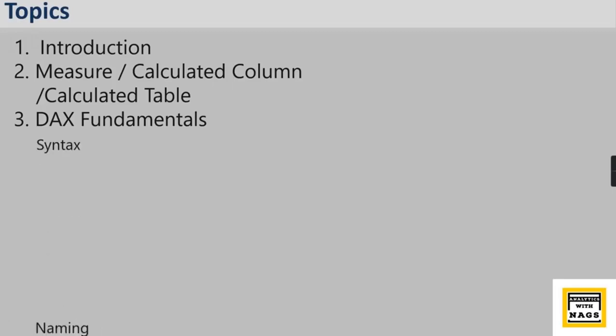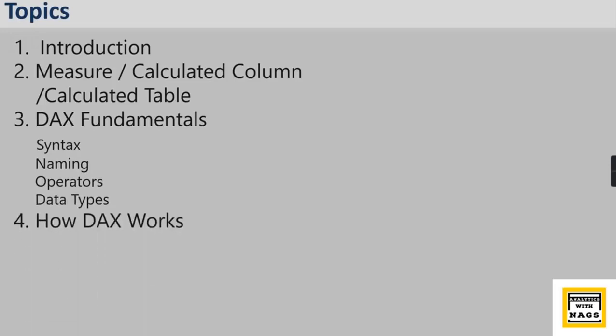So we will focus on the fundamentals like syntax, naming, operators and data types. Then we move on to how DAX works, like filter context and row context. Then we will talk about how the CALCULATE function helps us do all the magic.